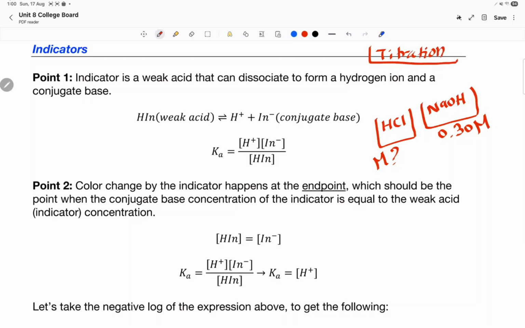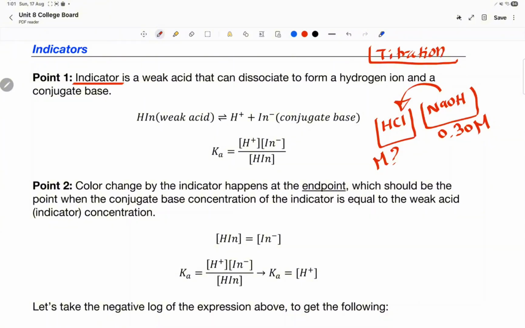So titration involves you adding the NaOH to the HCl until at some point there is going to be a color change. That color change has to be very precisely happening at a certain pH. If it happens at the wrong pH, you cannot find the correct molarity. So that means to have the color change occur at the correct pH, you have to pick the correct indicator.